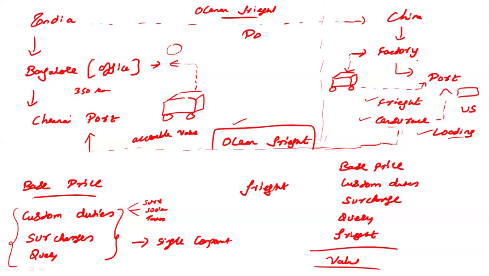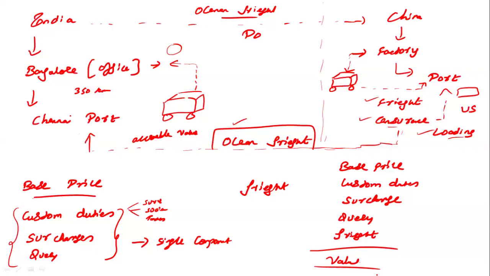If you are responsible for this, then this also will be added here. So this is the difference between domestic pricing and import pricing within India. Generally, there is not much difference in overseas. This is the basic difference because you have certain components involved here as well, like custom duties, surcharge, all those things.